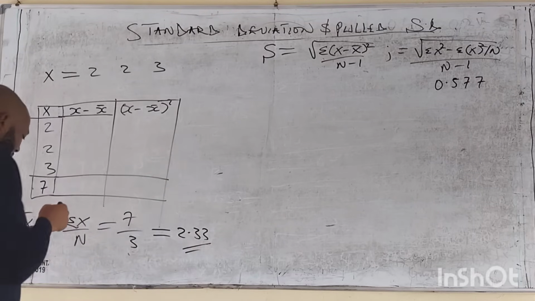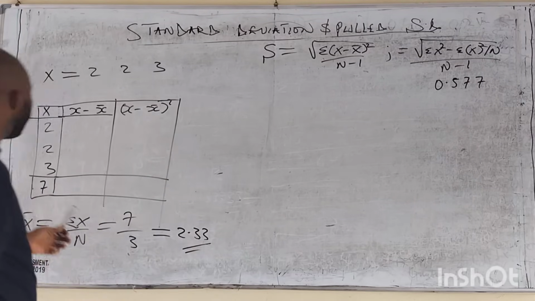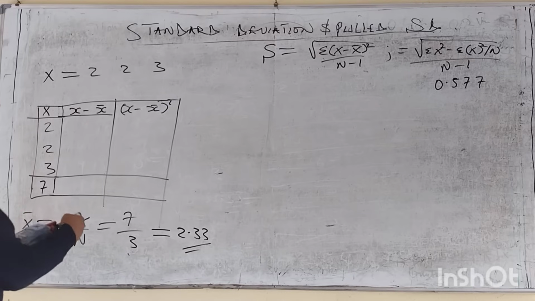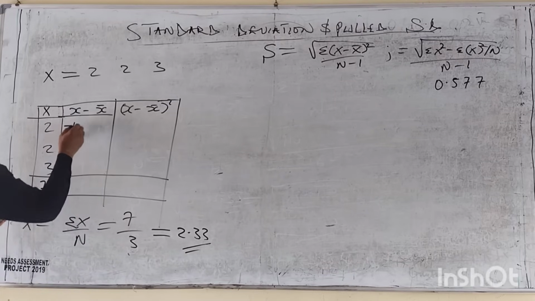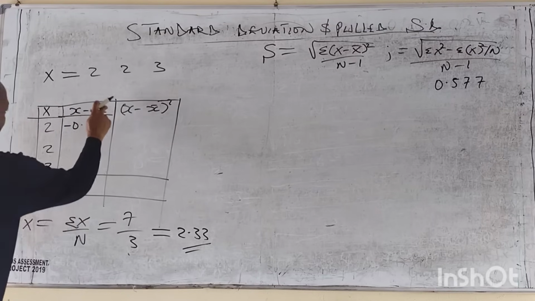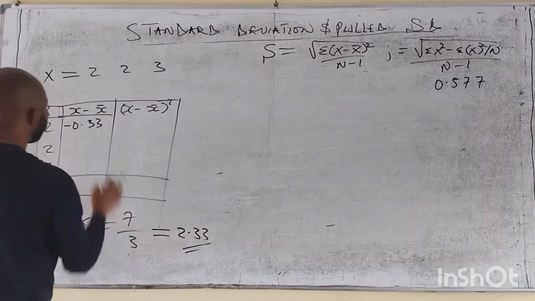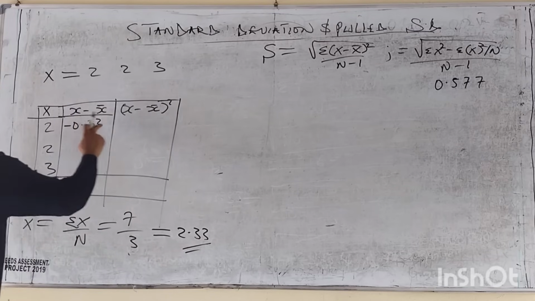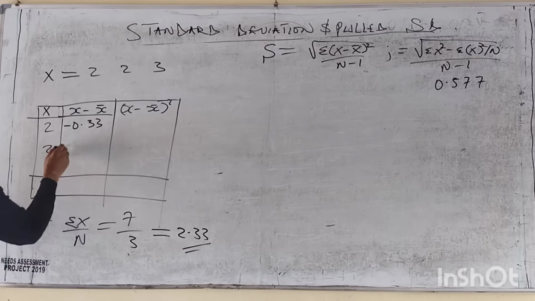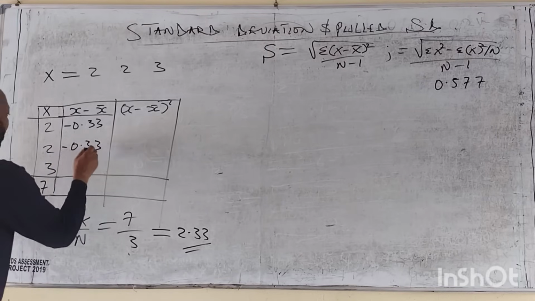So let's proceed now. 2 minus 2.33 is minus 0.33. Remember, the 2.33 is the mean. It says x minus mean in each column. The same thing goes here, minus 0.33.